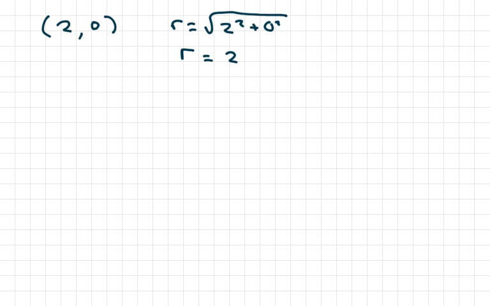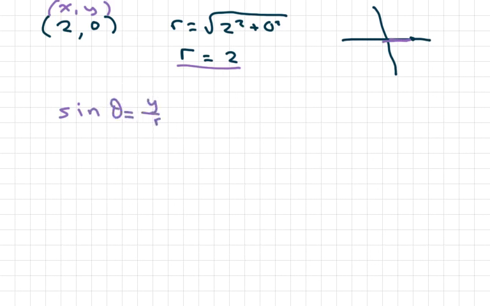The next one is 2 comma 0. So r is the square root of 2 squared plus 0 squared. So my r is 2, which makes sense if you draw this. I have 2, so your r is the length here. So I have my x, I have my y, and I have my r. Sine of theta is y over r, which is 0 over 2.